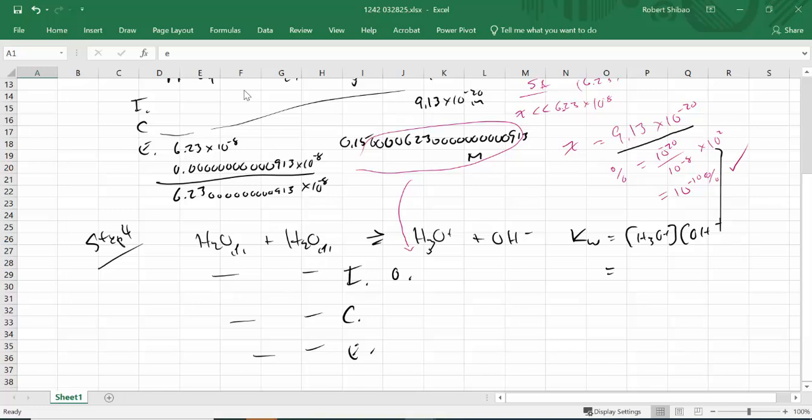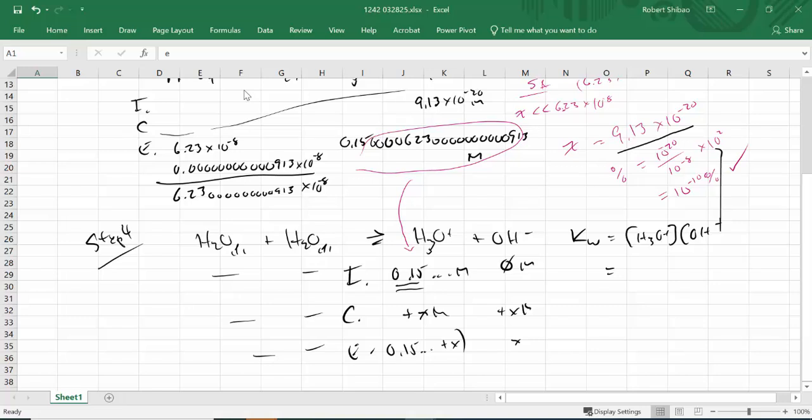And so I'm going to get 0.15 dot dot dot, and then I'm going to get 0 molar for the hydroxide. And then this is going to be plus X molar, plus X molar. And then this is going to be 0.15 dot dot dot plus X times X. Because of the common ion effect, we have a lot of hydronium here to begin with.